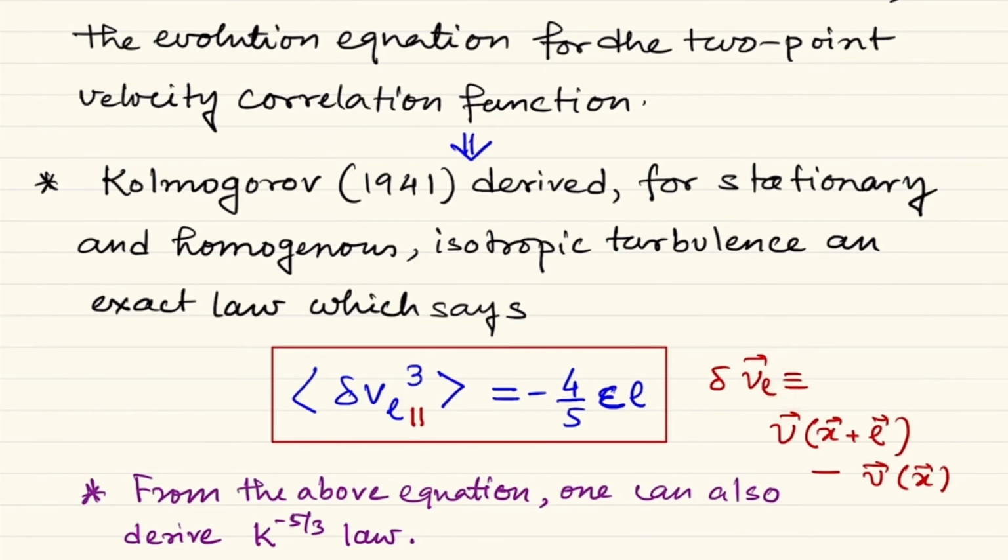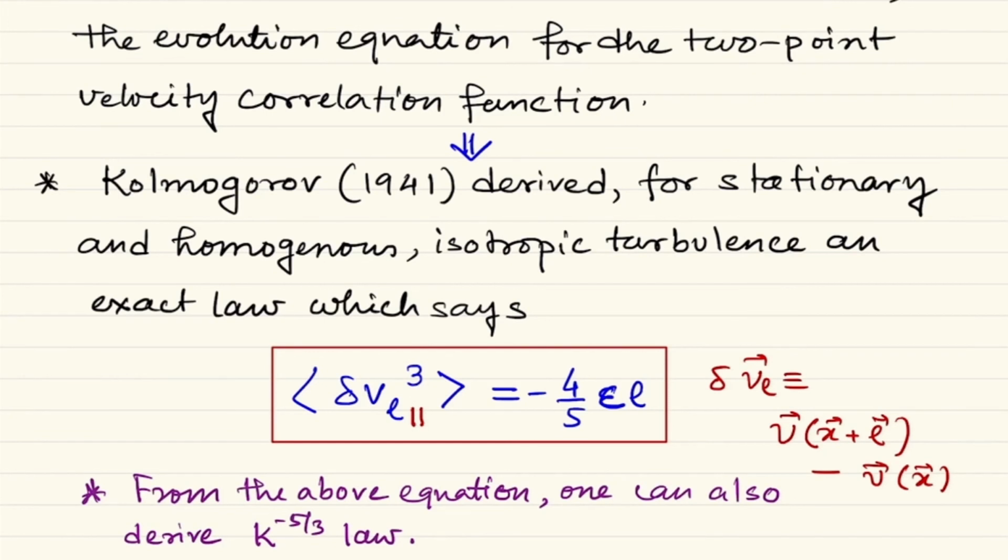Once you take the cube, you can calculate this for all couples of points which are separated from each other by a length L, and then you take the average. Here you are simply doing the space average, for practical purposes, although in general it should be an ensemble average. And then you just plot this.